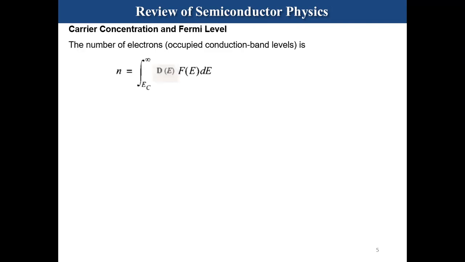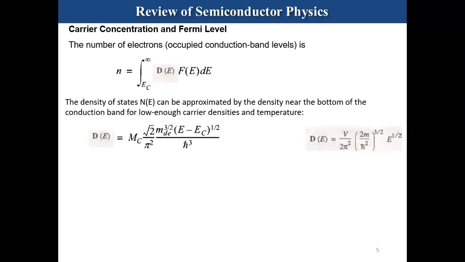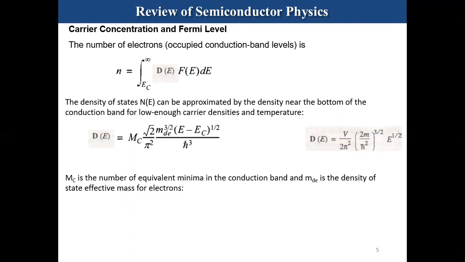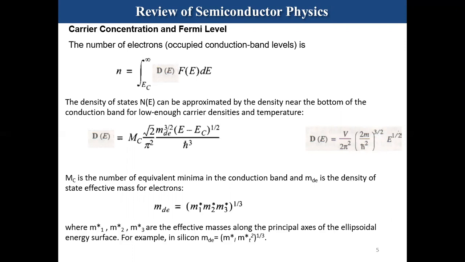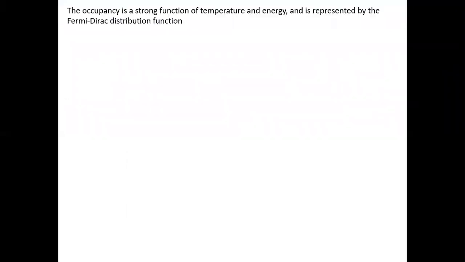Some of this is basically carrier concentration and Fermi levels, which you already know, like how you calculate the number of electrons using the density of states and Fermi level equations. I'll not go into detail of this because it's not important at this point.